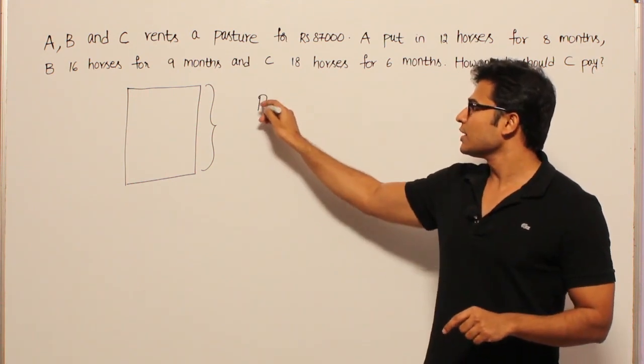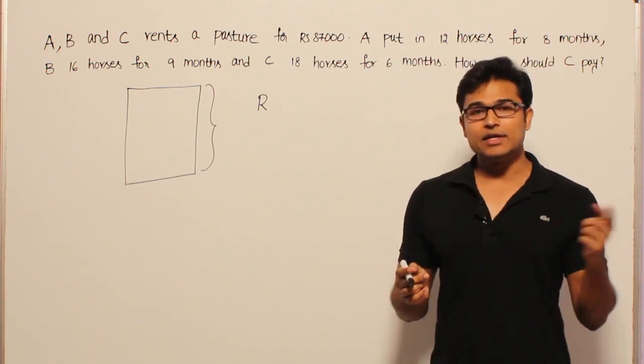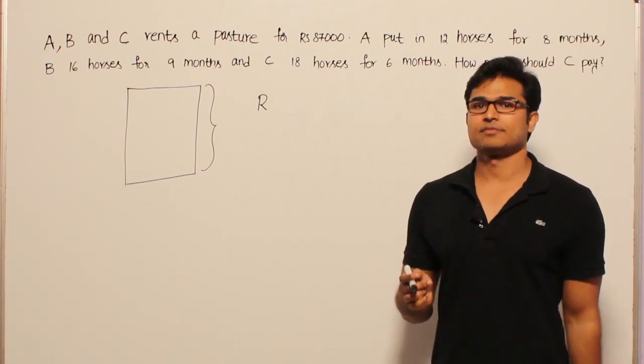Now what is usage? Usage is directly proportional to the number of horses they have as well as the time for which they have those horses there, isn't it?